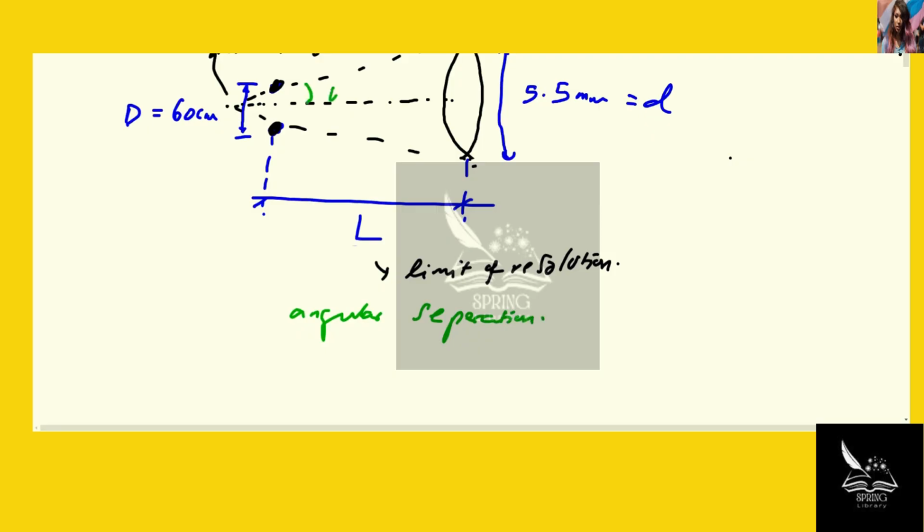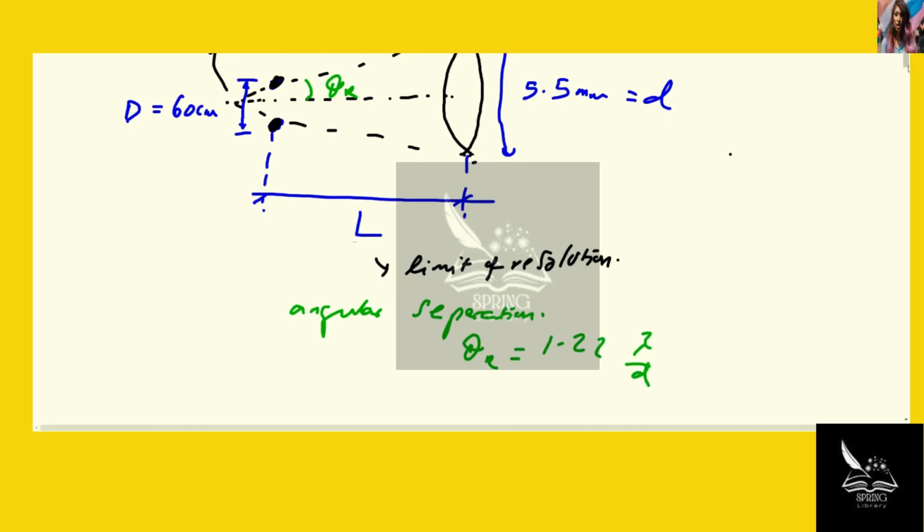This one right here, theta r, is given as theta r equals 1.22 lambda over small d. That's our theta r. And then we're going to go ahead and use algebra. So theta r is also equivalent to D over L. So these two are the same, and we can make them equal.